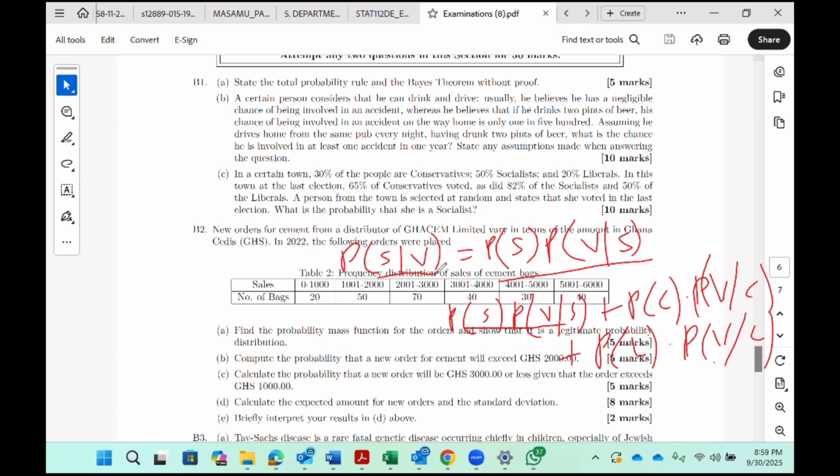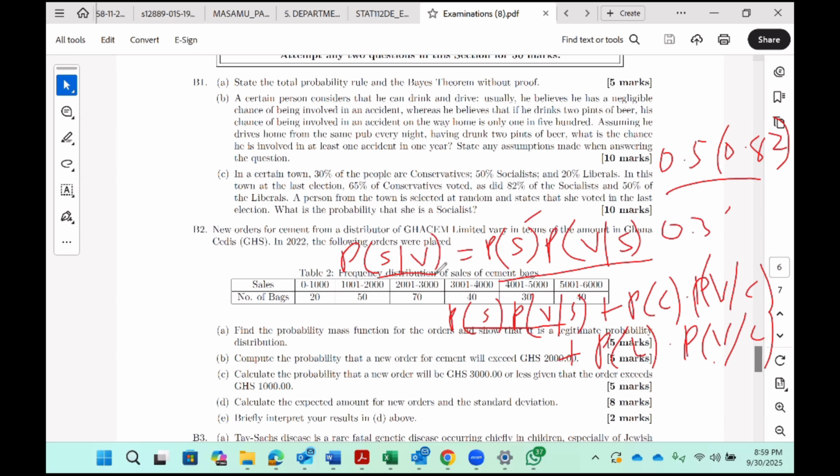So we have this one as a 0.5 times 0.82 as your numerator. Then your denominator, we have this again, plus 0.3 times 0.65.